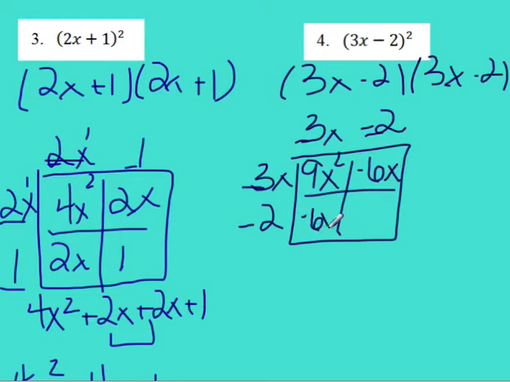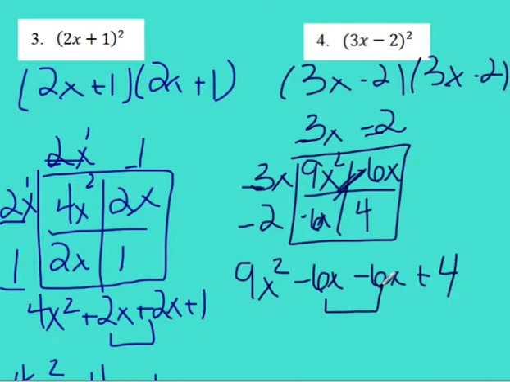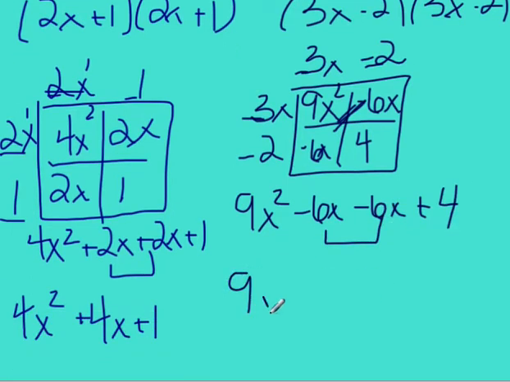Same thing here. What you might be noticing is these two boxes are always the same when we do it like this. And negative 2 times negative 2 is a positive 4. So we have 9x squared minus 6x minus 6x plus 4. Now we want to combine those middle two terms: negative 6x minus 6x is negative 12x. And then we have plus 4.